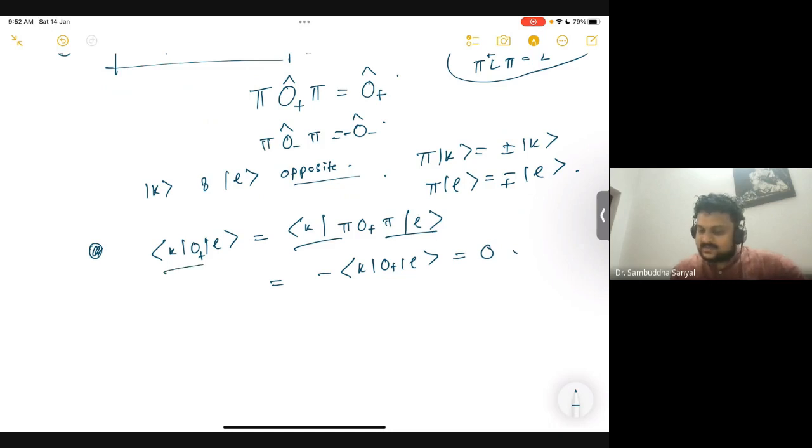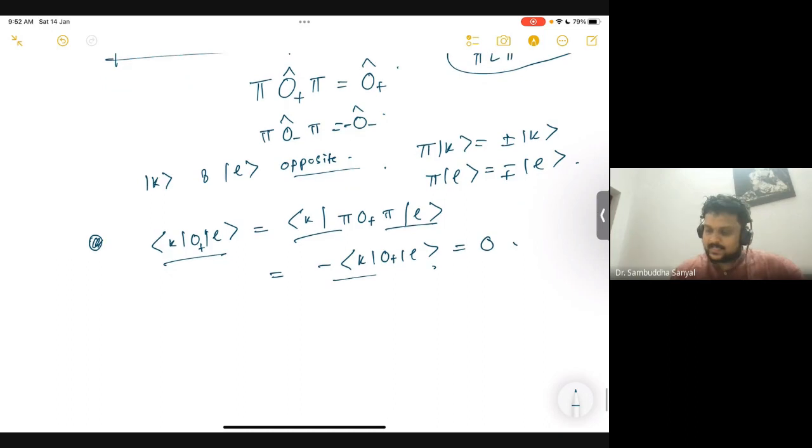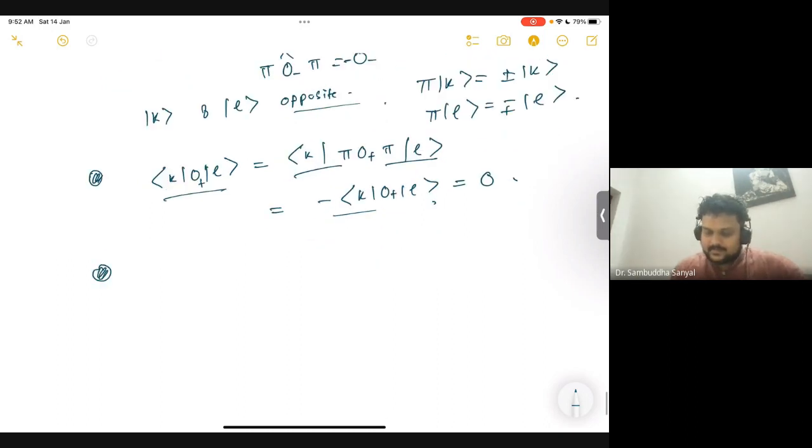Why? Because this object is equal to minus of itself, so the only way it can happen is if it is 0. So now I can think of another statement. Let's say I take another two states, M and N, which are of the same parity.